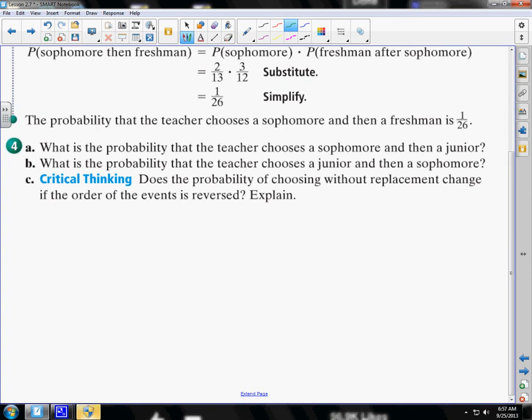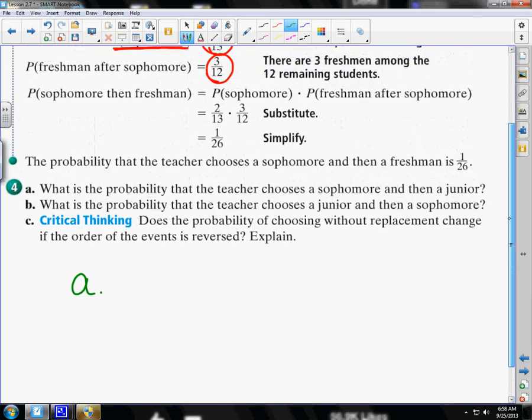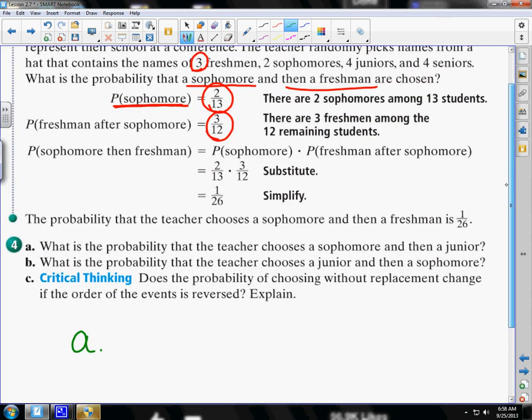Okay, A, what is the probability that a teacher chooses a sophomore and then a junior? The probability of a sophomore is 2 out of 13, and then a junior is 4 out of 12, because the one sophomore is already picked.